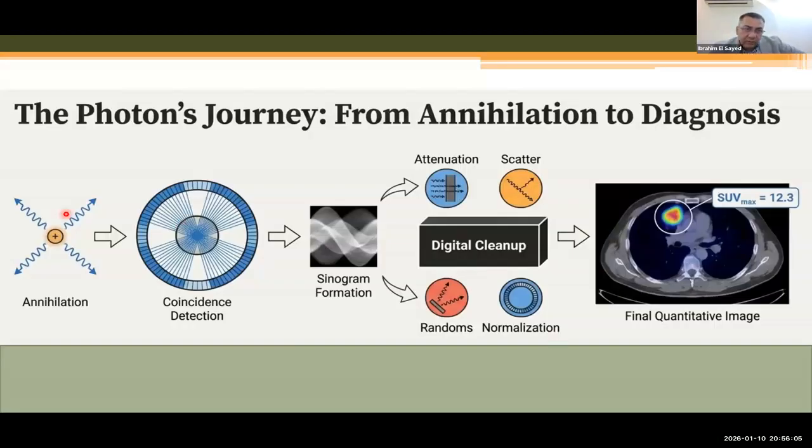We see here the photon journey from annihilation to diagnosis: annihilation, coincidence, sinogram, correction for scatter, attenuation, randoms, and detector normalization, which is the digital cleanup. So we will have a very good quantitative, clinically acceptable image.